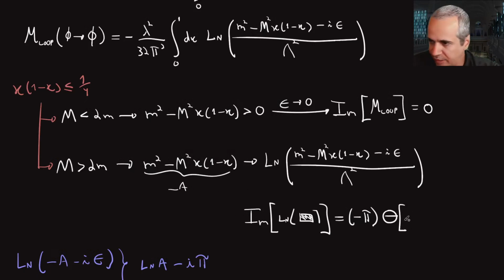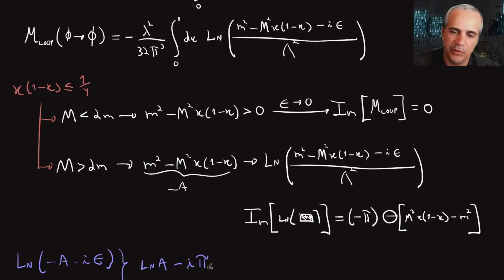So I just write a here, M squared x times 1 minus x minus m squared. So that imposes that I'm only considering, as I'm looking for the imaginary part of the log, the region where I can actually use this expression right here.